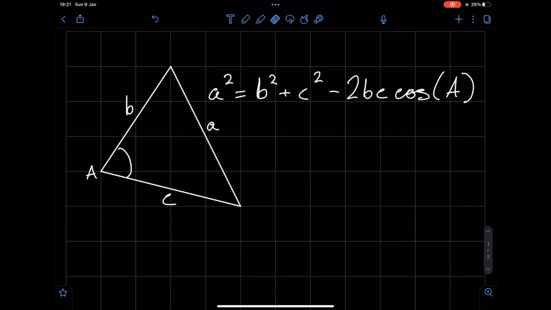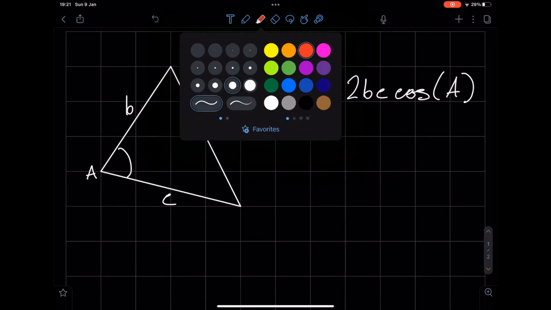In this video I'm going to show you how to rearrange the cosine rule so that it can be used to determine angles. So here's our original cosine rule, and we would use this rule to determine the length of side A when it's in this form. A is just there in the formula, I've just highlighted it.